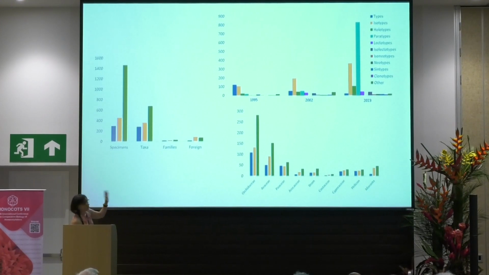There are increases in almost every one of the variables: specimens, more taxa, well, not more families, but foreign ones, and also new type categories that are being included over time, and the families also with higher numbers in this last update.